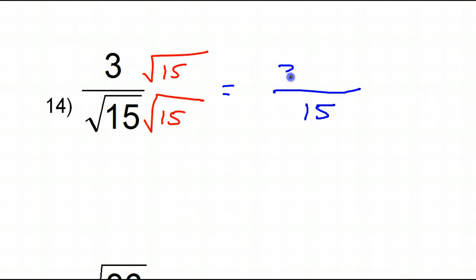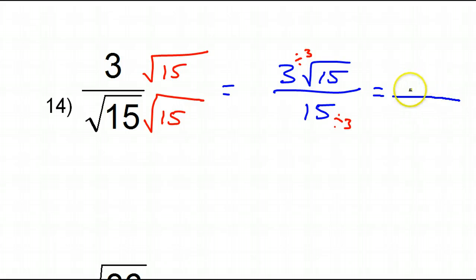And in the numerator, I have 3 radical 15. Now in this case, we can simplify these numbers, the 3 and the 15, just like we did back in the 3rd grade. Both of these are divisible by 3. I'm hoping you can do this in your head, but this is what's really happening. 3 divided by 3 is 1, which we don't really need to show.